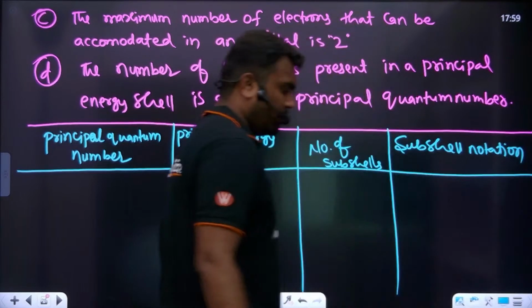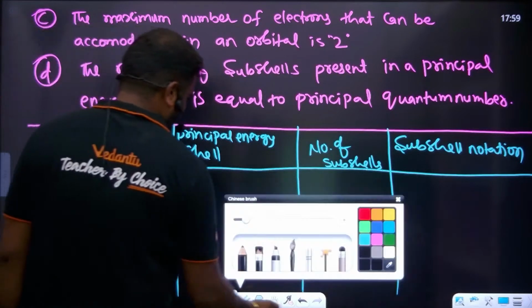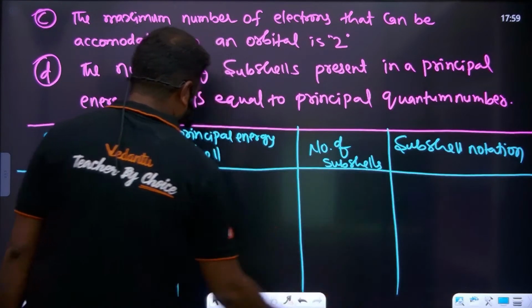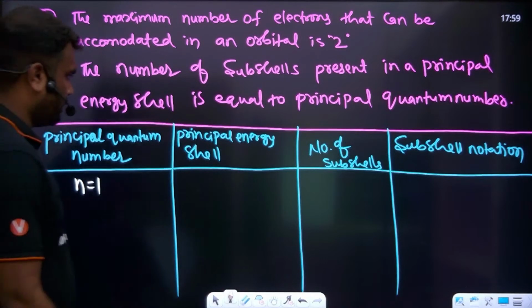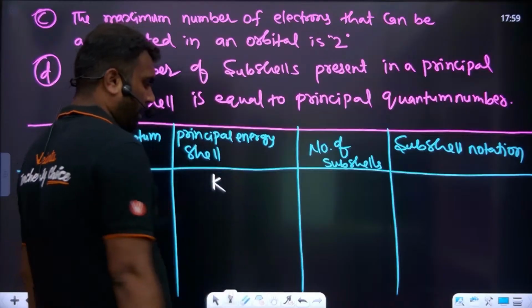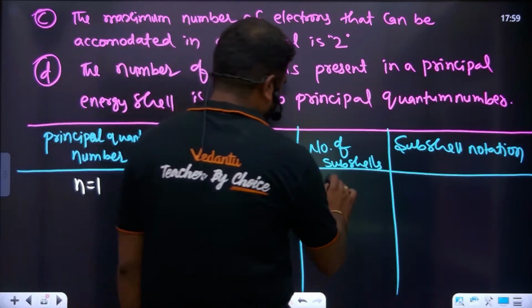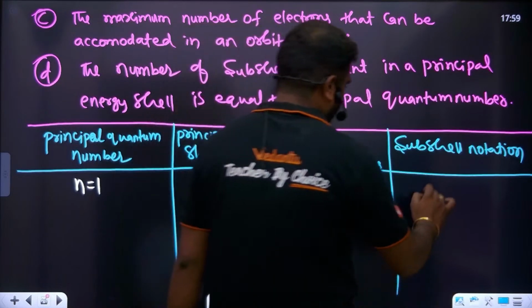When n is equal to 1, the principal energy shell is K, the number of subshells is 1, and the subshell notation is 1s.